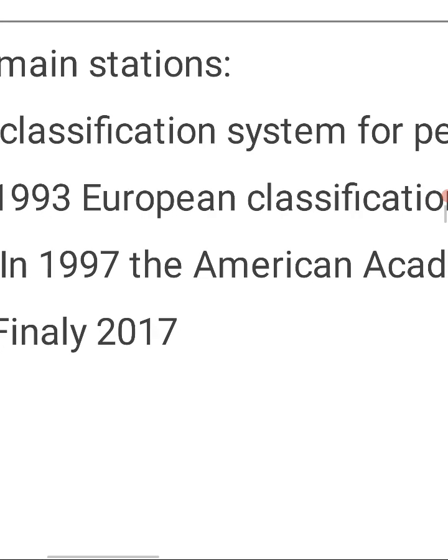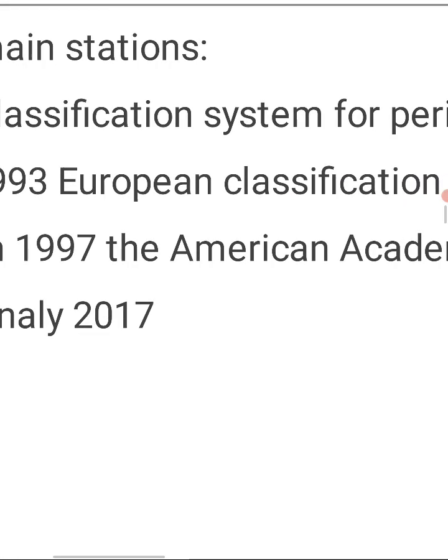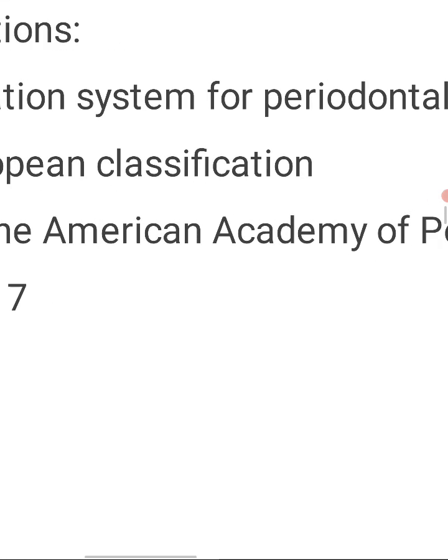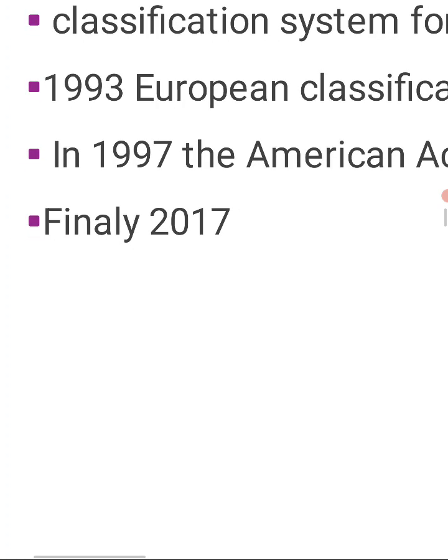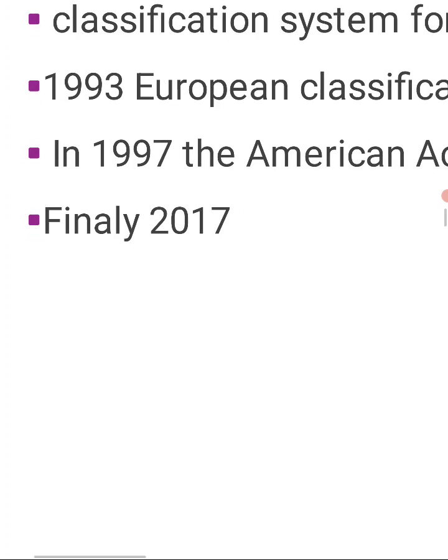The American Academy of Periodontology made some amendments in 1997, and then the work of both the European and American groups gave birth to the 1999 classification, which is now replaced by 2017.